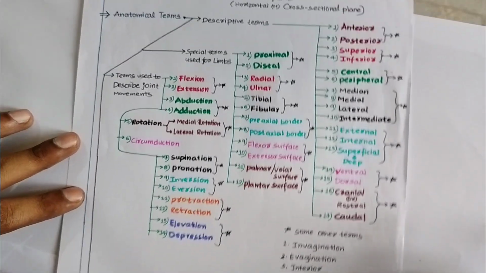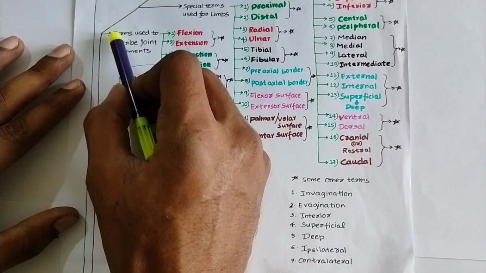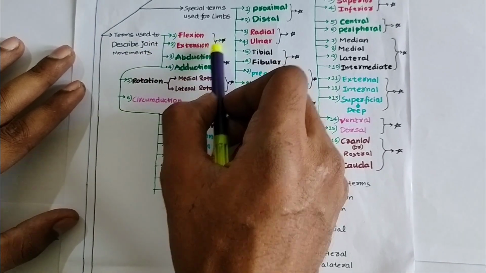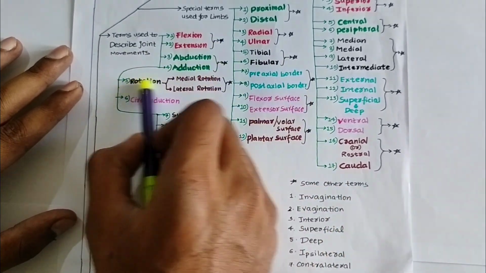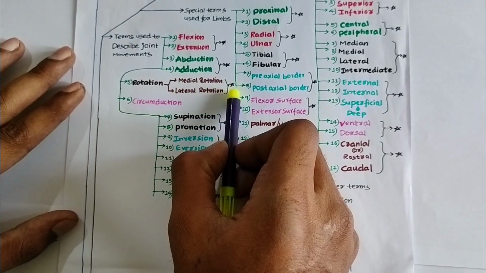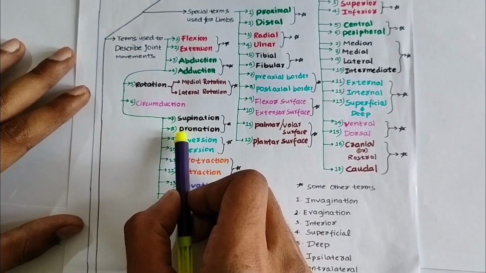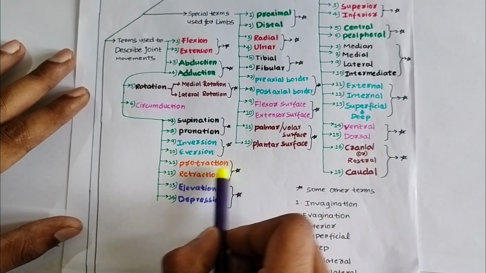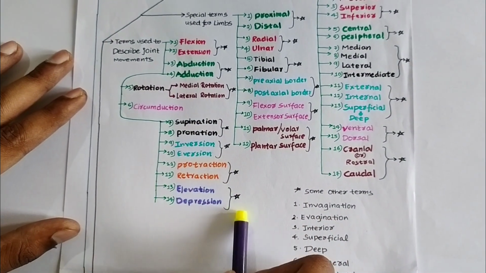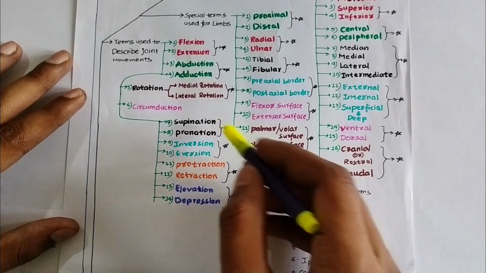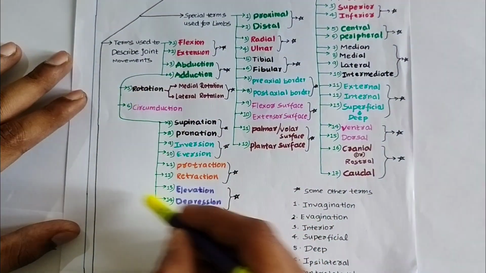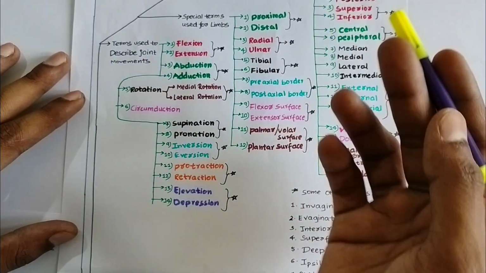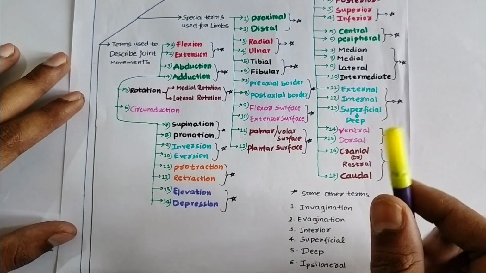And the terms used to describe joint movements, like flexion, extension, abduction, adduction, rotation, that is medial rotation, lateral rotation, circumduction, supination, pronation, inversion, eversion, protraction, retraction, elevation, and depression. These are the terms that we often use in anatomy to describe the structures, the orientation of the parts or the organ structures.